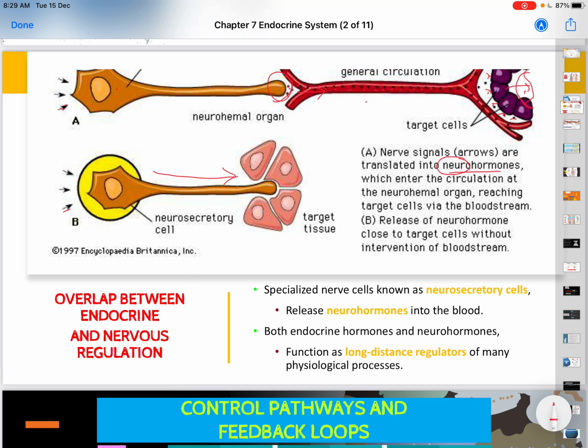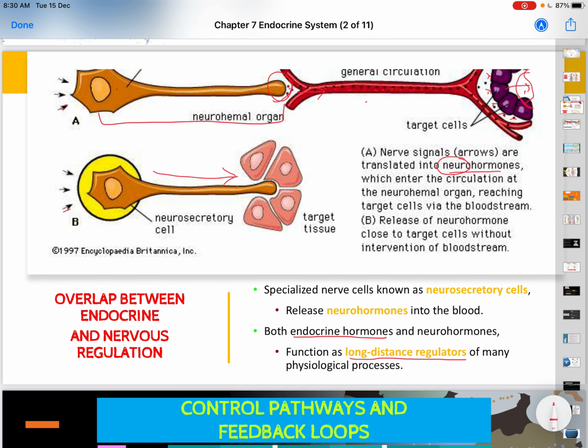The specialized nerve cell known as the neurosecretory cell releases neurohormone into the blood. Both endocrine hormones and neurohormones function as long-distance regulators of many physiological processes. As we know previously, we only knew of endocrine hormones secreted by endocrine glands or endocrine organs such as the stomach and kidney.